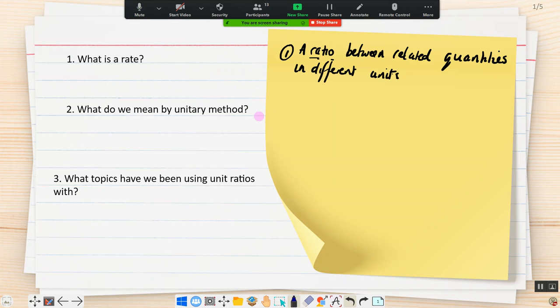Okay. Did we do any others? We started off looking at units of measurement, didn't we? Where we had to convert from, let's say, centimeters to meters or meters to miles, even, that kind of stuff.